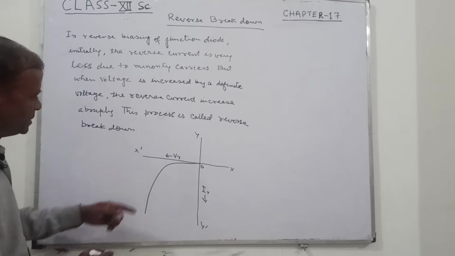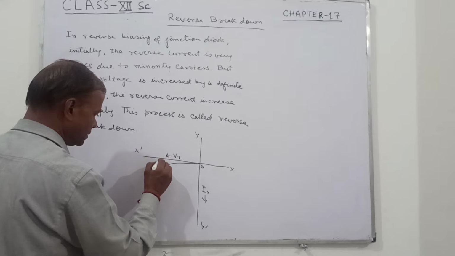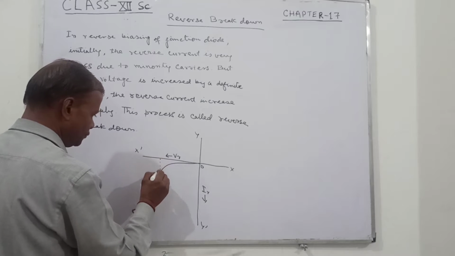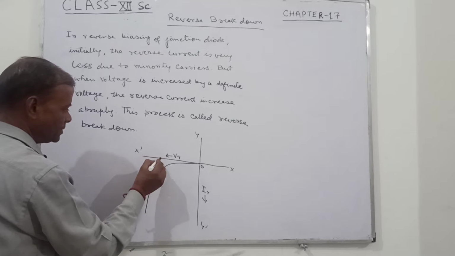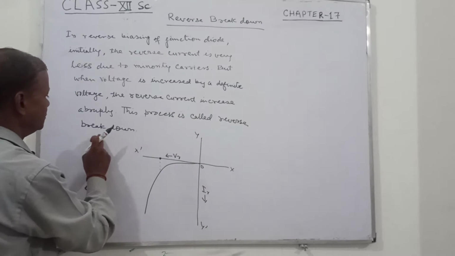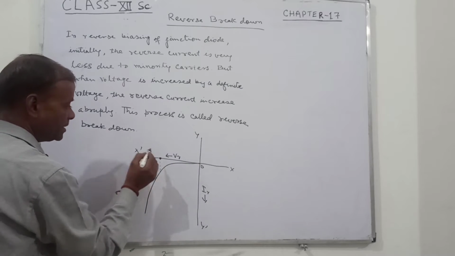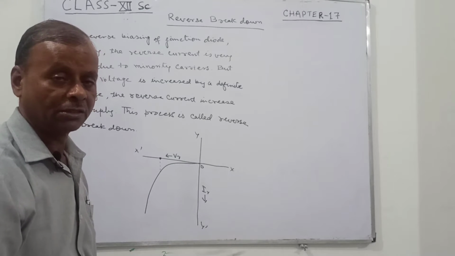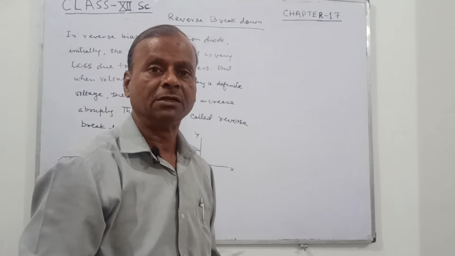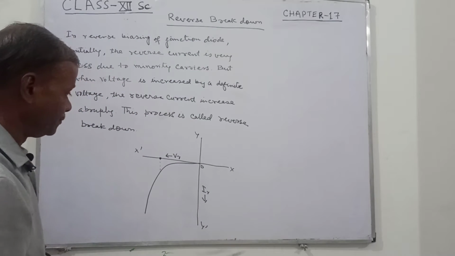Initially, up to this mark, the current is less, and then this voltage is called the reverse breakdown voltage. It is different for different diodes, and it depends upon the doping and the nature of the crystals.